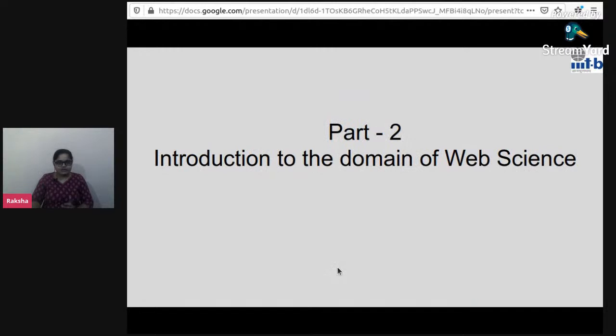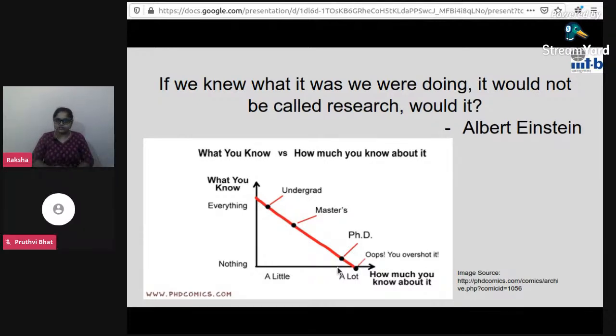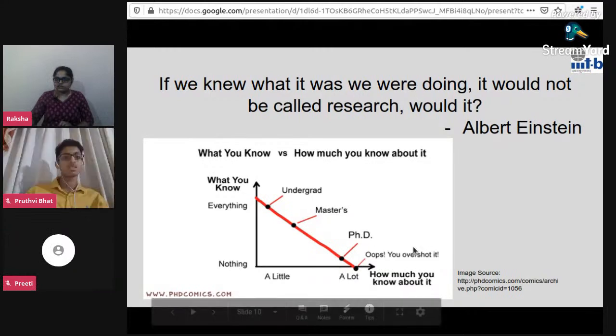So I am now going into the second part, which is introduction to the domain of web science. So before that, since those are relatively different topics, I want to pause here. If you have any doubts so far, if you want to clarify anything, you can ask me. So probably 4 to 5 minutes we can have a question Q&A session, and then I can continue with the second part of my talk.